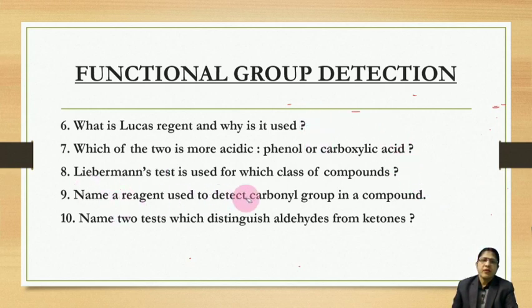Then what happens? For example, CH3CHO, an aldehyde, is treated with 2,4-dinitrophenylhydrazine.